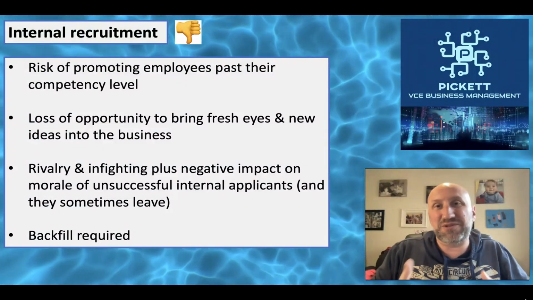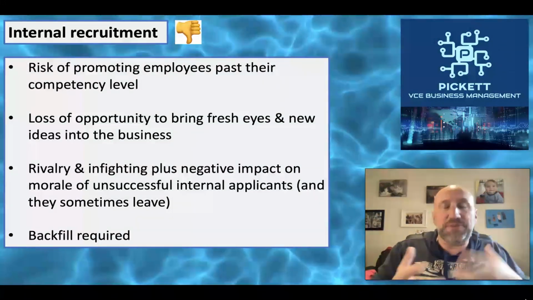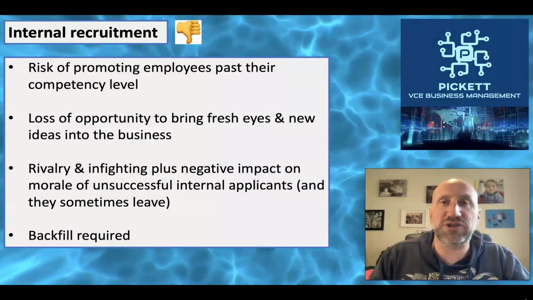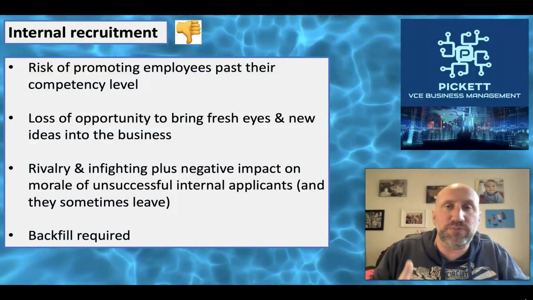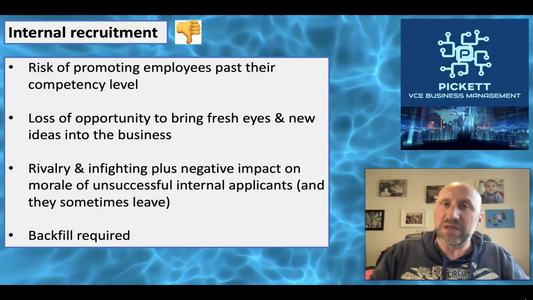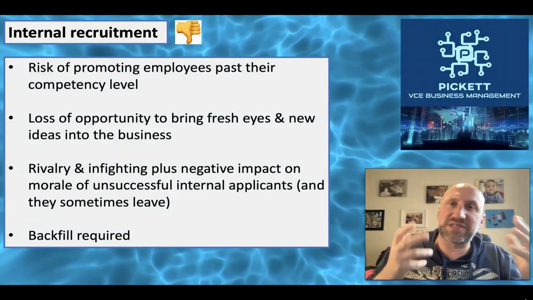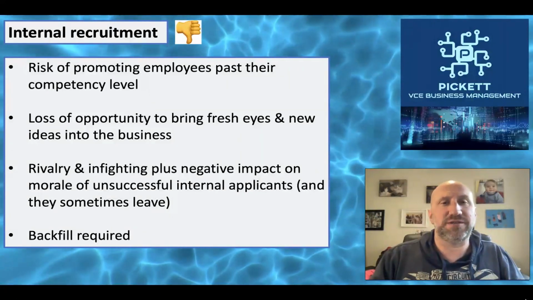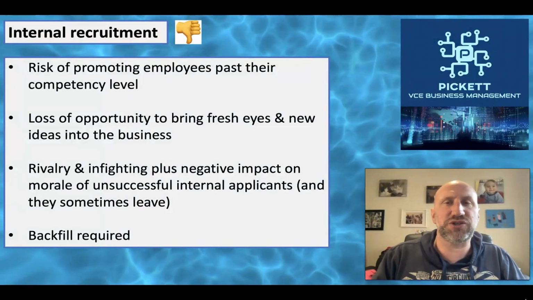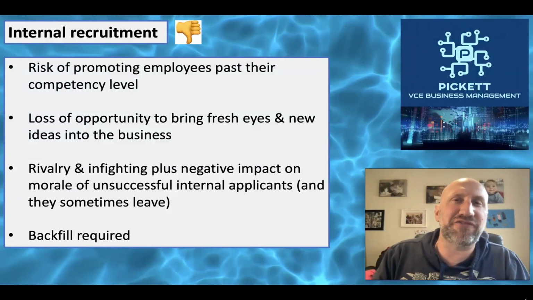And sometimes it means they leave the business. The fact that they did not get that internal promotion doesn't mean they're not a great worker. It just means they didn't get that promotion because someone was maybe stronger. So there is a risk that you lose people because they just go, look, I'm not going to get promoted here. I need to move to another business. So that can cause some issues. And the final one there, backfill is required.